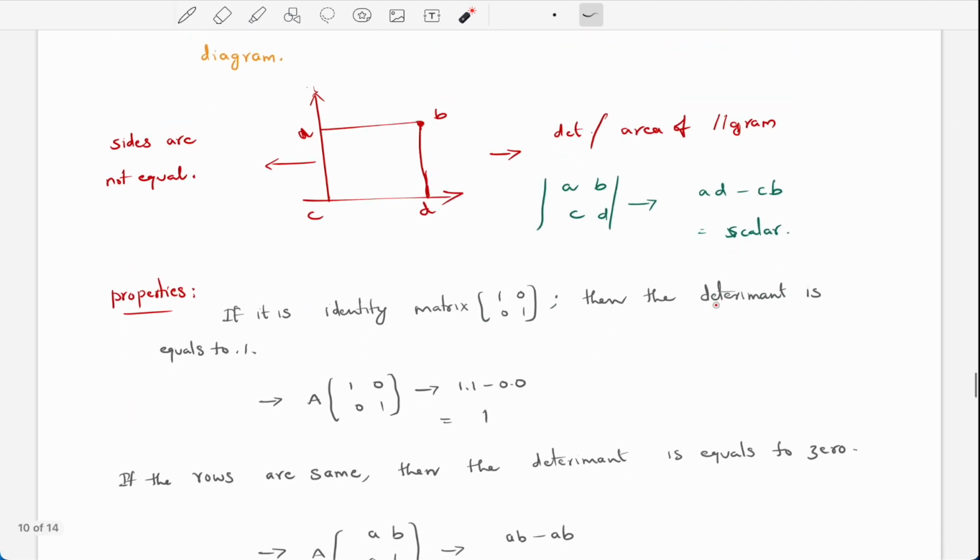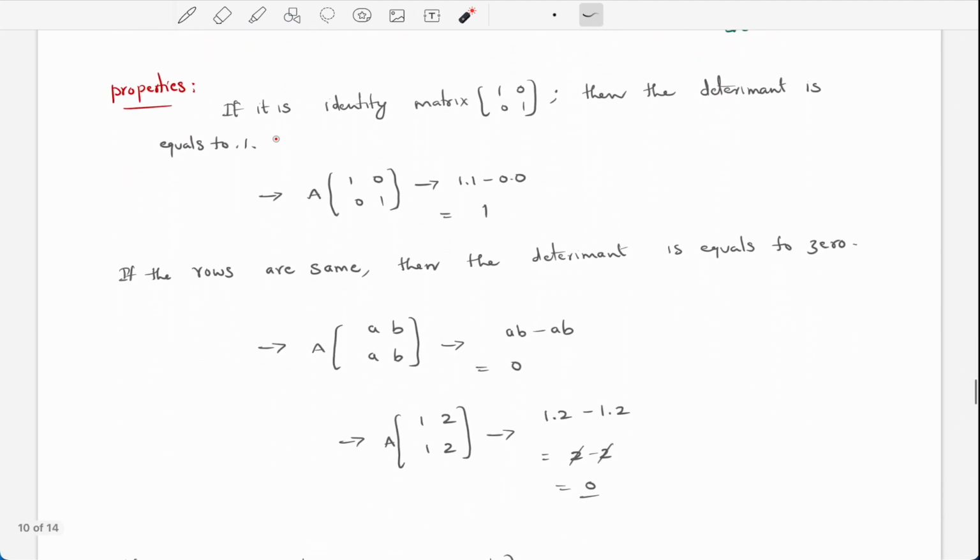So we have properties. The first is for identity matrices. What do you mean by identity matrices? I'll give a brief example so you will understand. If it is an identity matrix, then the determinant is equal to 1. An identity matrix has 1 on the diagonal, like this, and 0 elsewhere.